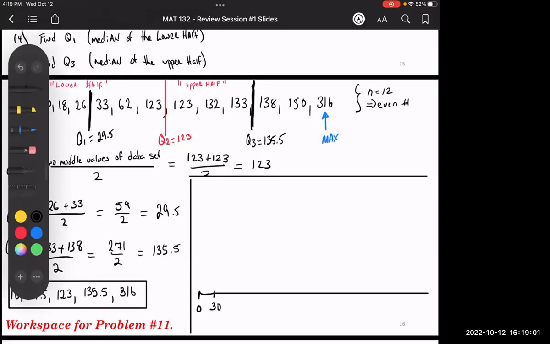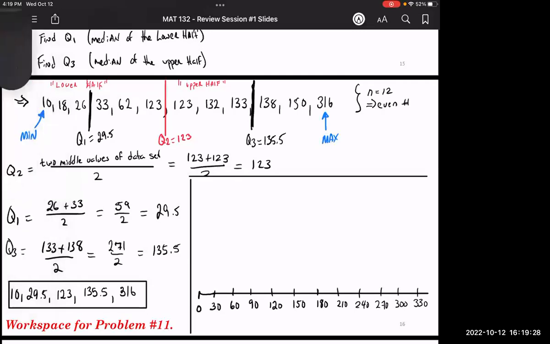Here's 30, 60, 90, 120, 150, 180, 210, 240, 270, 300, and then 330.